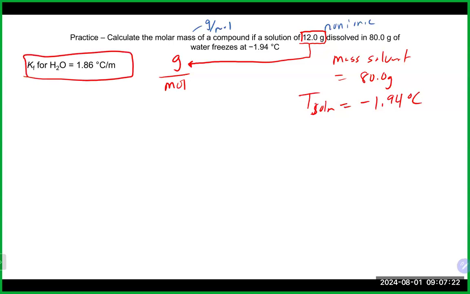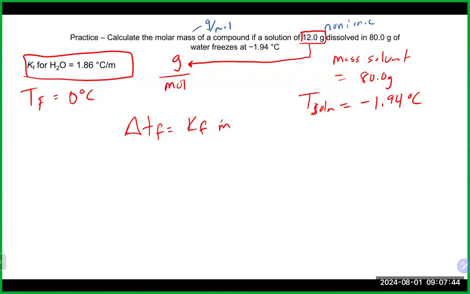So we do know that the Kf that we would look up on the table there is 1.86. And we know that normally water will freeze at 0 degrees Celsius. So we could use our freezing point equation here to help us figure out a few things. The change in freezing point temperature is equal to our Kf times our molality.